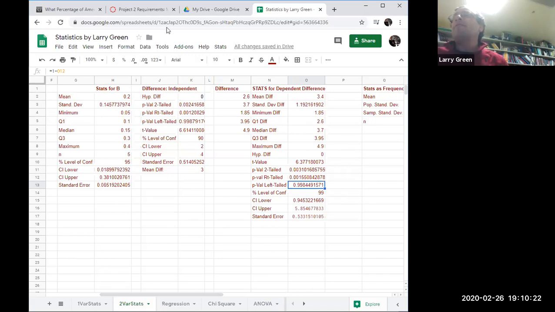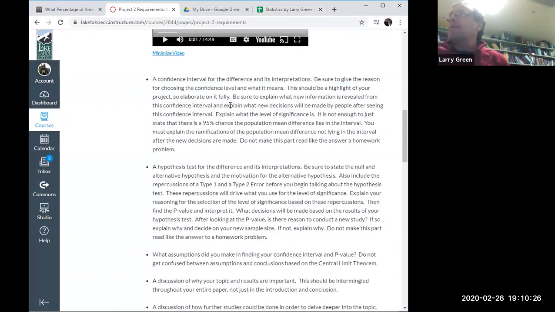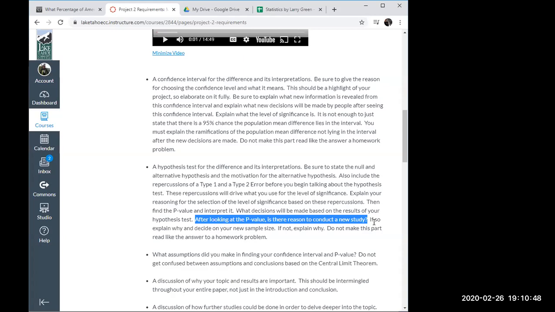Then, let me go back to this. So again, you're going to explain all about the confidence interval. You're going to run the hypothesis test, and you're going to talk about it. Notice I wrote, after looking at the p-value, is there reason to conduct a new study? When have you recently seen something like this sentence? The midterm. Even more recently.